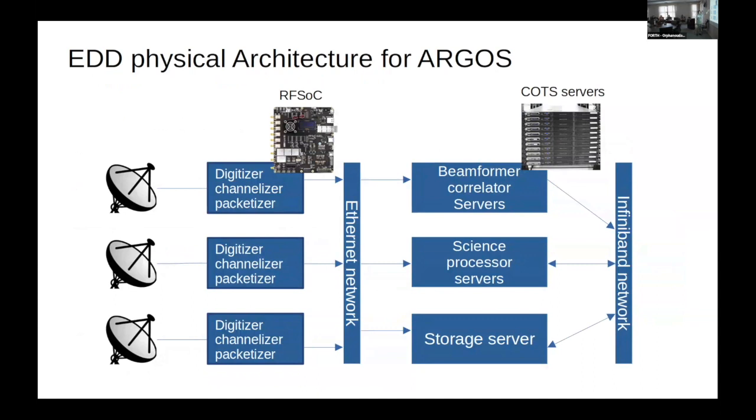For each dish, after the analog front end, we have the Argos software that carries out the channelization and digitization, and then transfers this channelized and digitized signal to the GPU and FPGA servers via Ethernet network, and similarly connects to the storage servers. These servers are all implemented with off-the-shelf servers. So it's a pretty straightforward architecture.